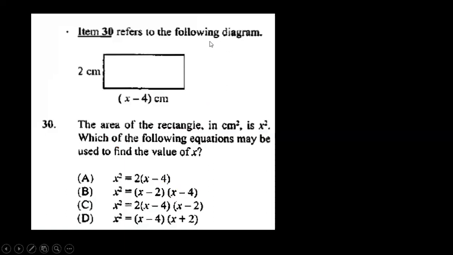This question tends to come from time to time. The area of the rectangle in centimeters squared is x squared. Which of the following equations may be used to find the value of x? So you ask yourself the question, what is the area of a rectangle? Its length by breadth. What is the length?